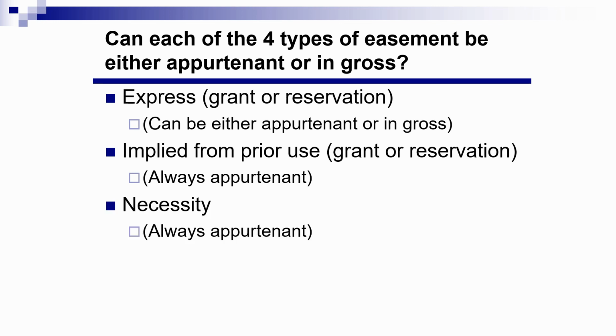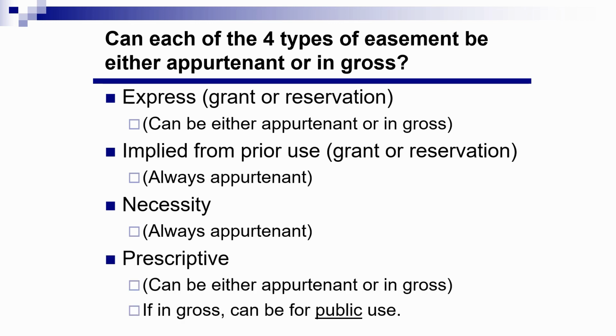Likewise, easements of necessity are always appurtenant, because the whole point of an easement of necessity is to allow access to the dominant land by going over or across some servient land. So easements of necessity have to be appurtenant. Finally, a prescriptive easement, one that's similar to adverse possession, can either be appurtenant or in gross.